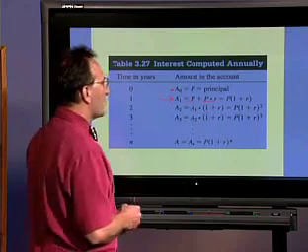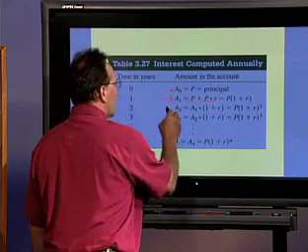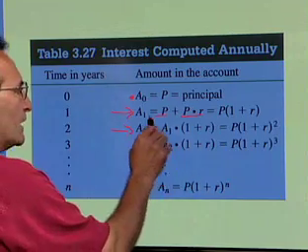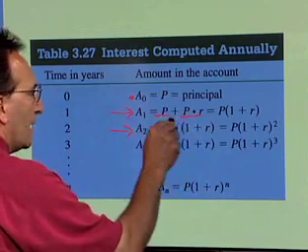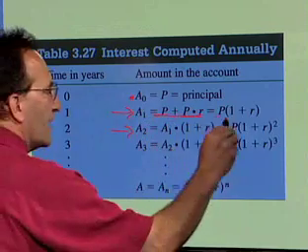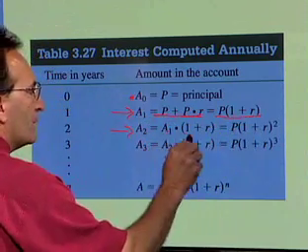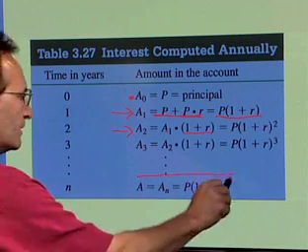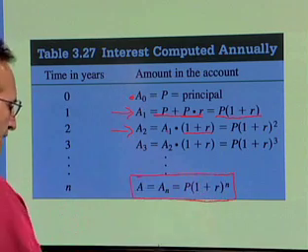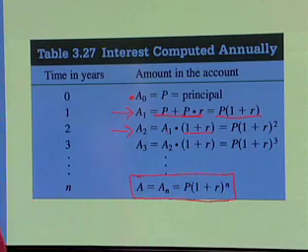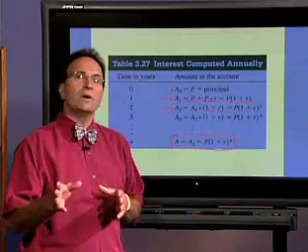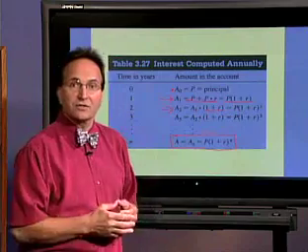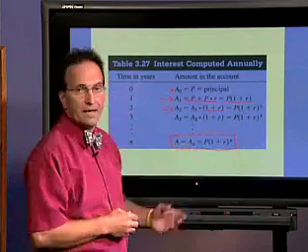But then at the end of the second year, we take this amount, which was calculated and is A sub 1, and we multiply it by 1 plus R, which leads to this formula right here. All right. Well, the value of an investment is an exponential function of time.